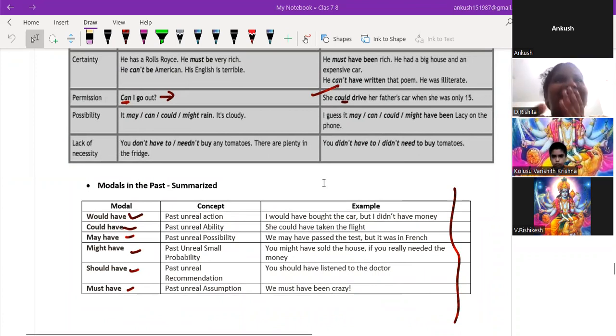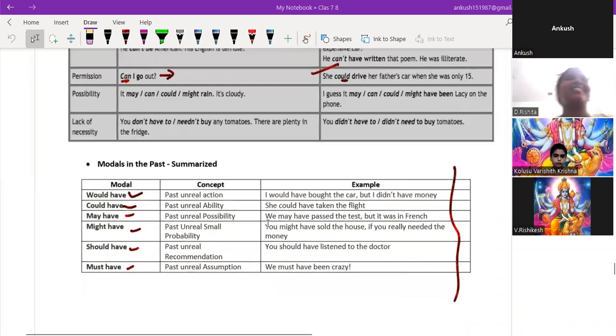I thought it was probability. Because can has like a probability of 100%. Can also can have a possibility, could tells possibility, may tells you possibility, might also can tell you possibility. Okay, understood? Yes, sir.